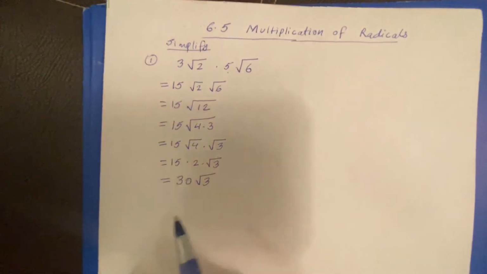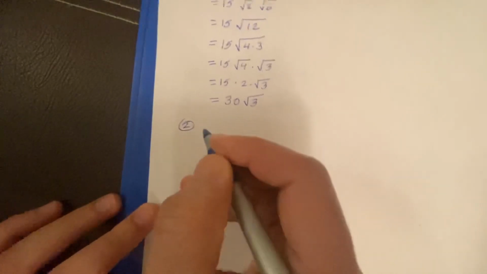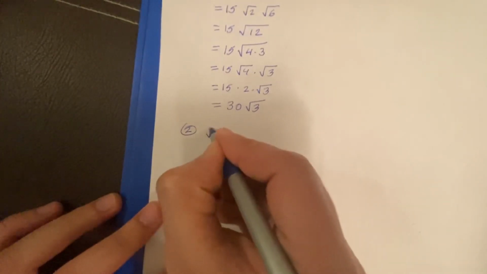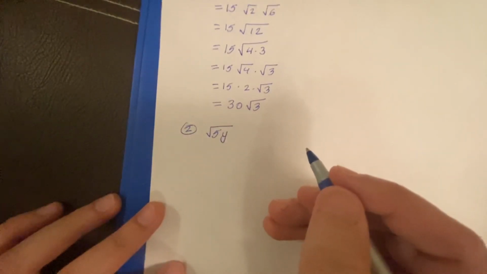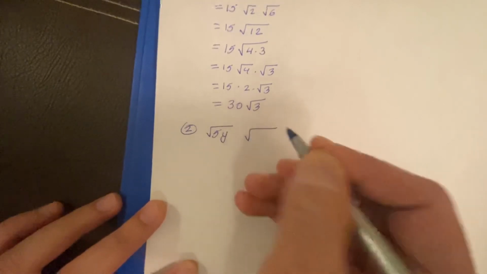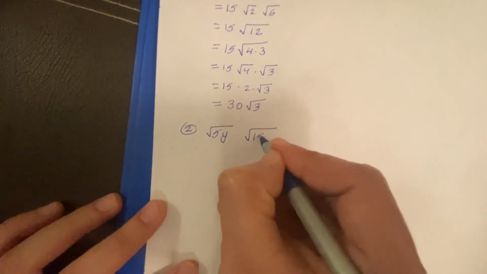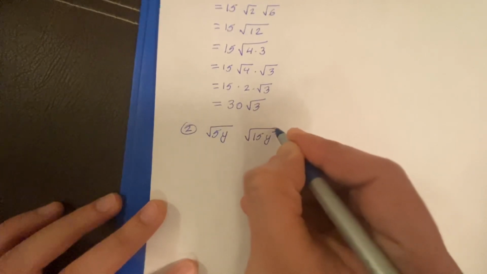So similarly, now number 2 is this: square root of 5 times y times square root of 15 times y to the power 7.